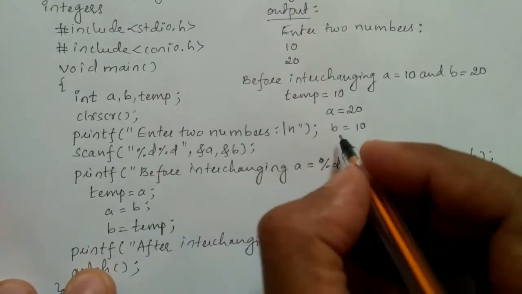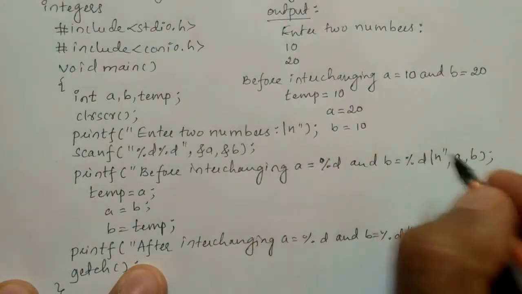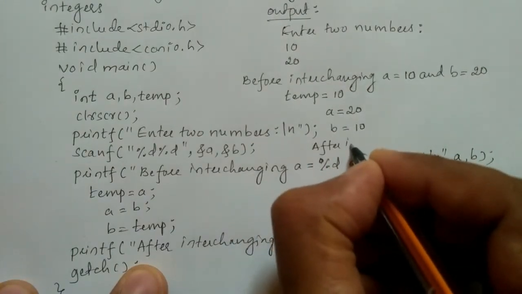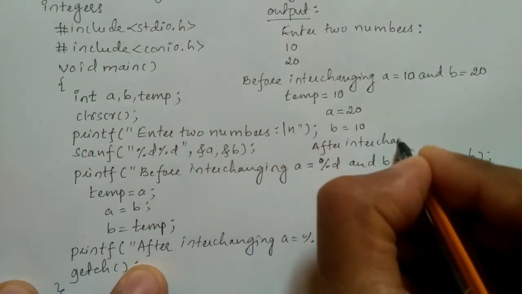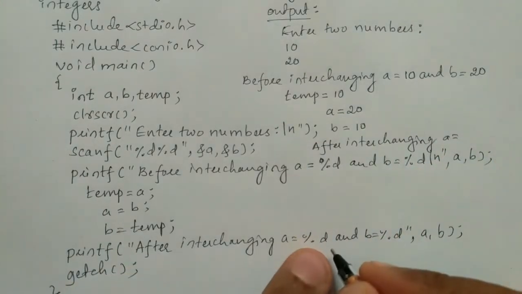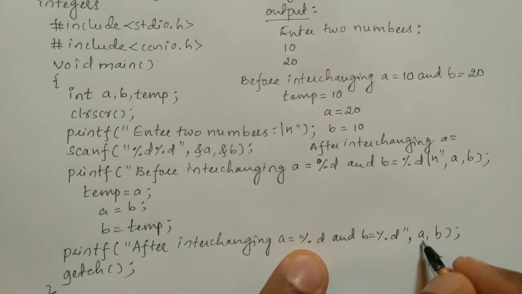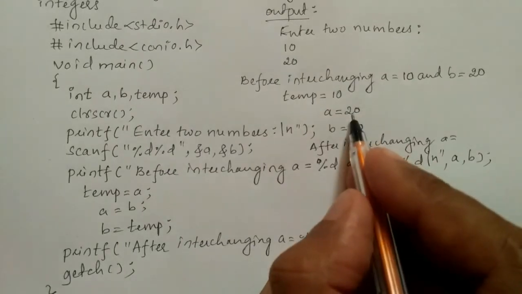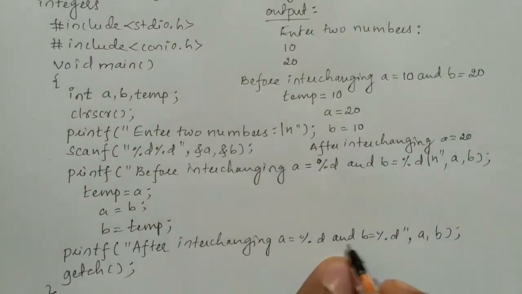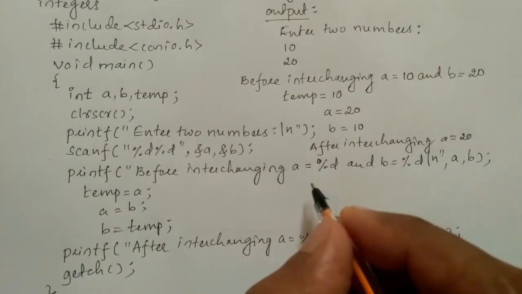Now we are going to print this particular statement after interchanging. So I'm going to write it over here. After interchanging, A is equal to, here we have got format specifier %d that is associated with value A. What is A now? A is 20. So here I'm going to write 20 and B is equal to printed as it is. I don't have space to write over here, I'm going to write it down.